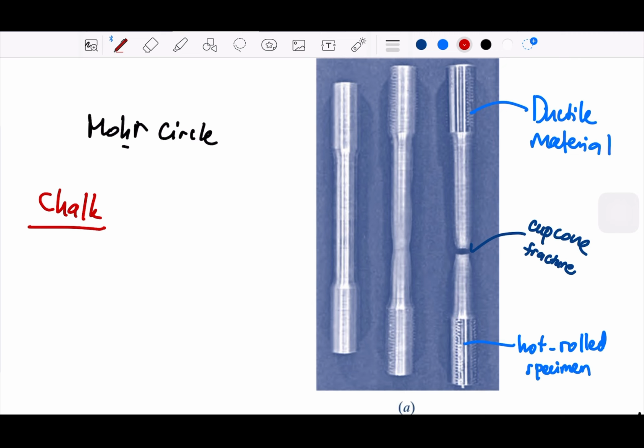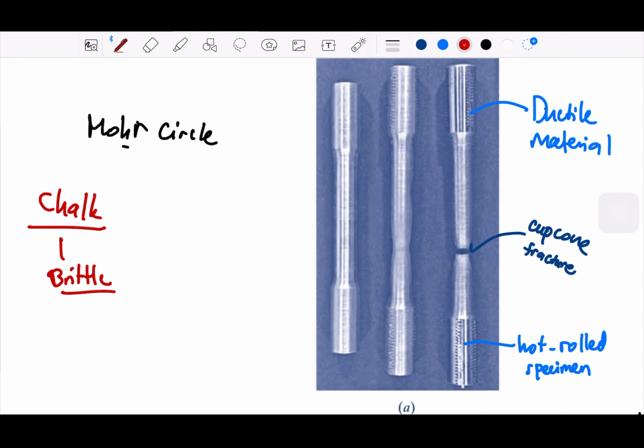If you twist the chalk and you pull the chalk, you will see the difference. Later we will see. This is a brittle material. So that's one way to show the difference between ductile material and brittle material.